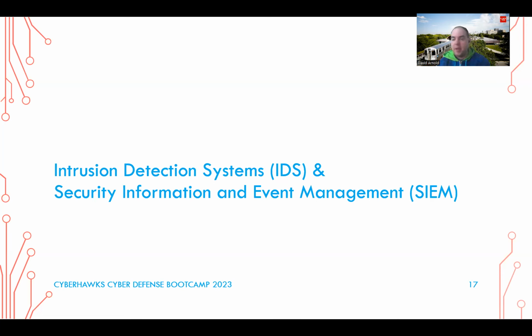For security information and event monitoring systems, think of something like Splunk. They're basically aggregating data and allowing you to see it in one easy place. A lot of what they do you can do manually, but when you have a larger organization, it becomes infeasible. Say you have 1,000 machines. Yes, you could be monitoring for different events.